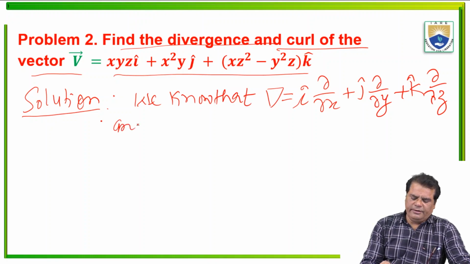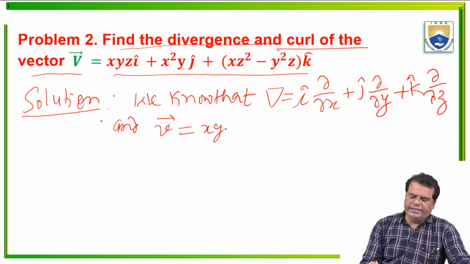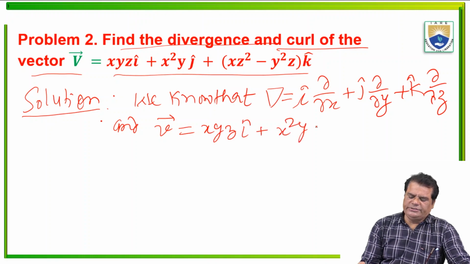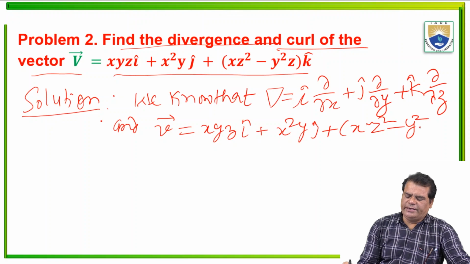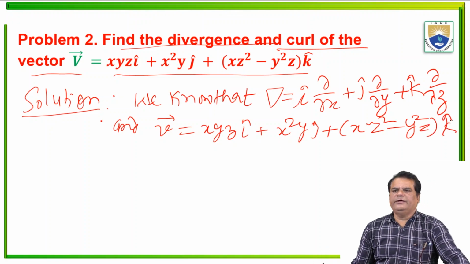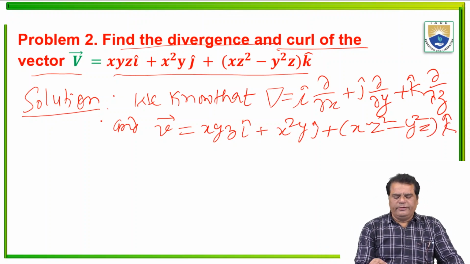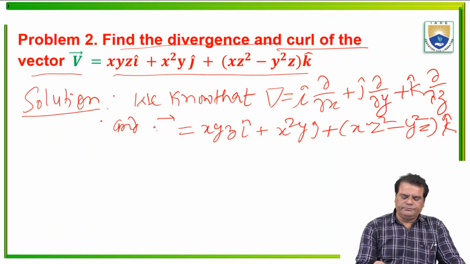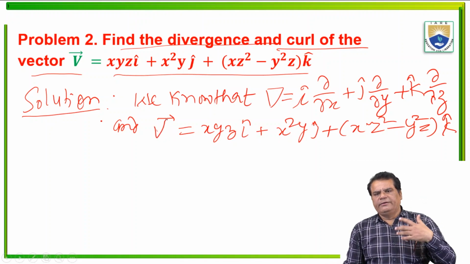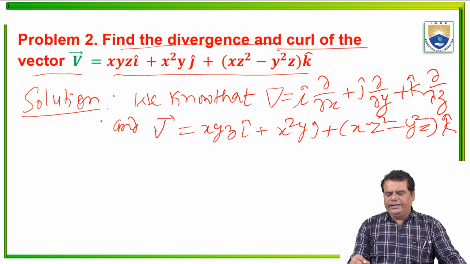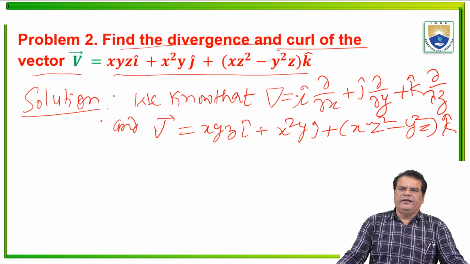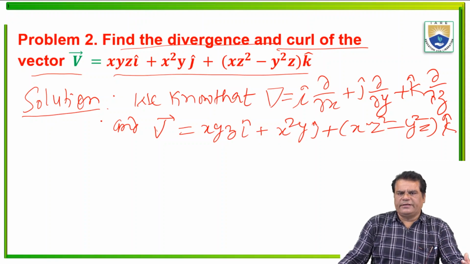And next, the v vector is given. V is xyz i plus x square y j plus xz square minus y square z k. Here the vector point function v is given and del is the three-dimensional differentiation operator vector.